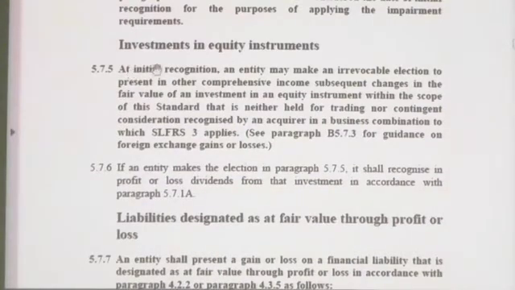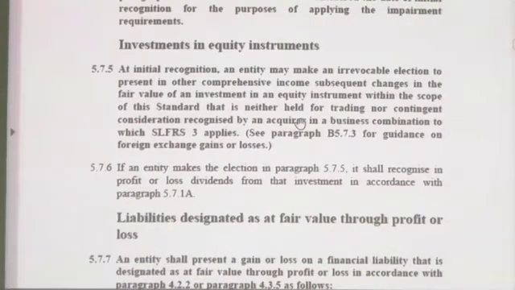Read this. At initial recognition, an entity may make an irrevocable election to present in other comprehensive income subsequent changes in the fair value of an investment in an equity instrument within the scope of this standard that is neither held for trading nor contingent consideration recognized by the acquirer in a business combination.